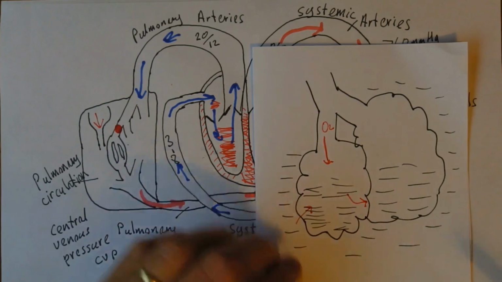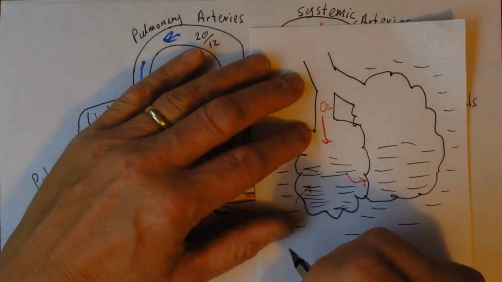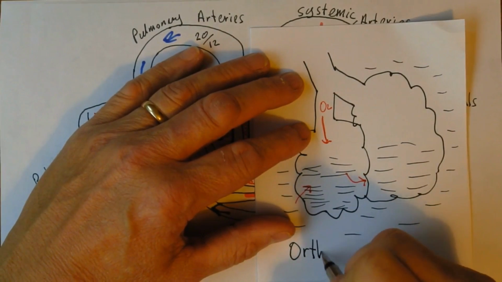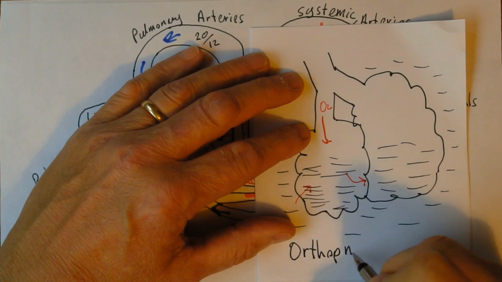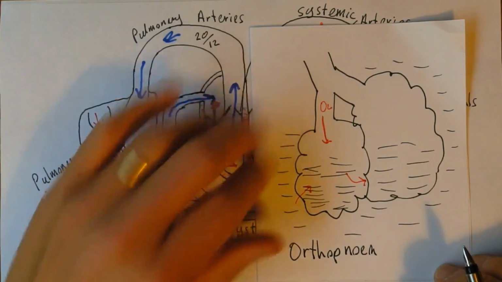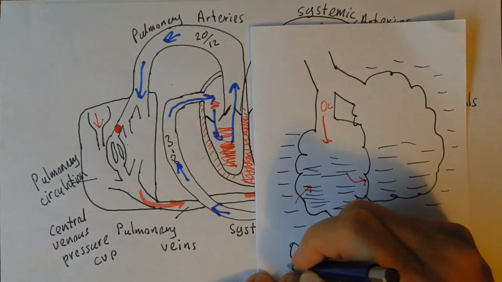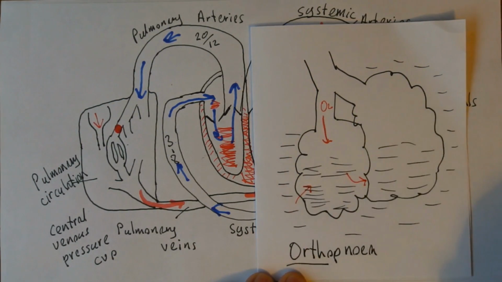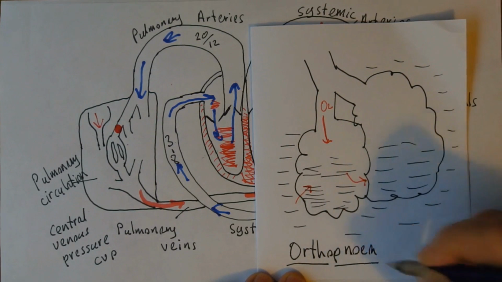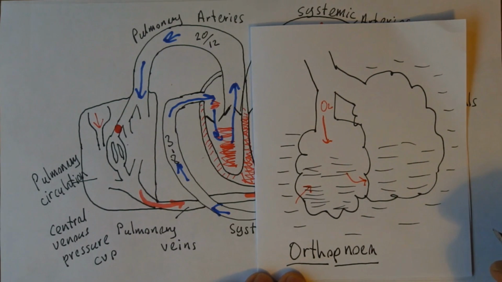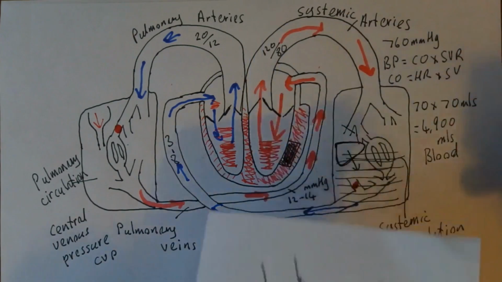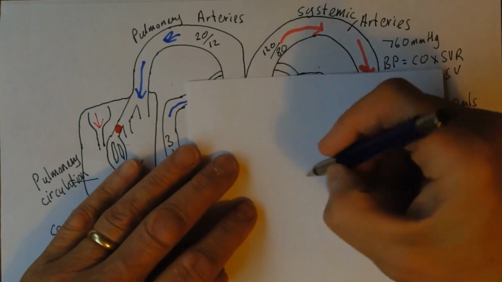Now, one of the first features we get in this is orthopnea. Ortho actually means straight. Pnea means to do with air or breathing. Now what happens here is, imagine someone's lying down here.